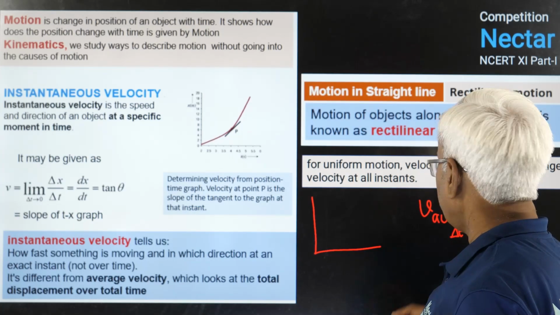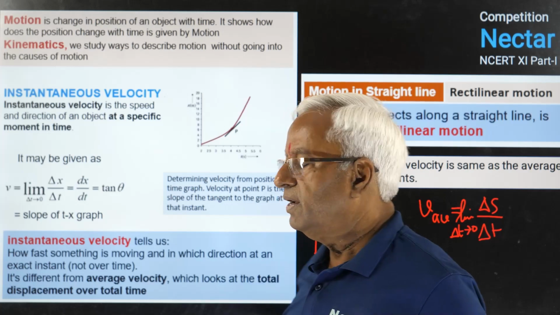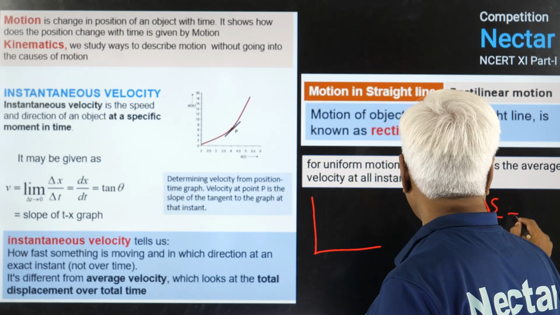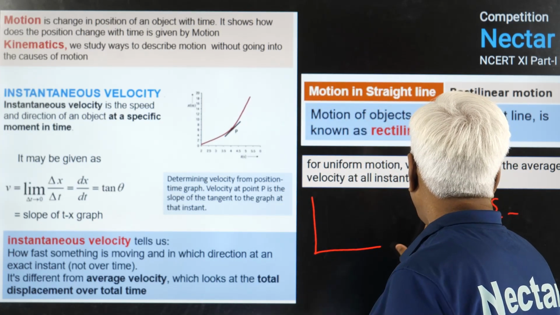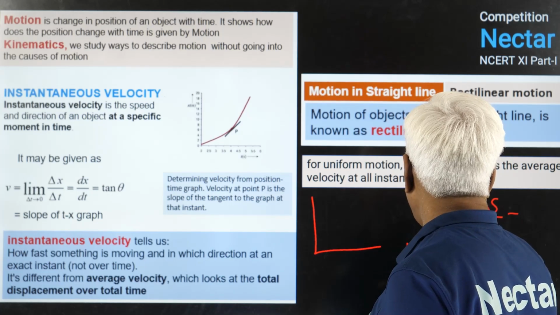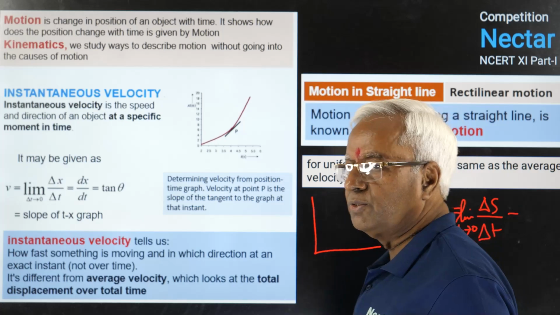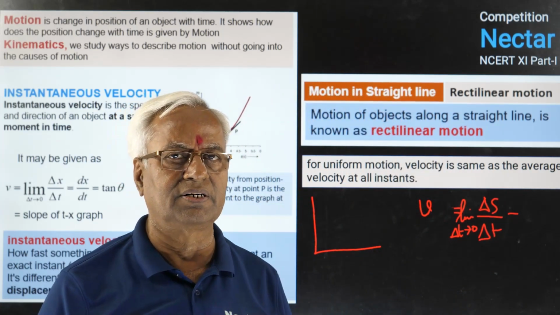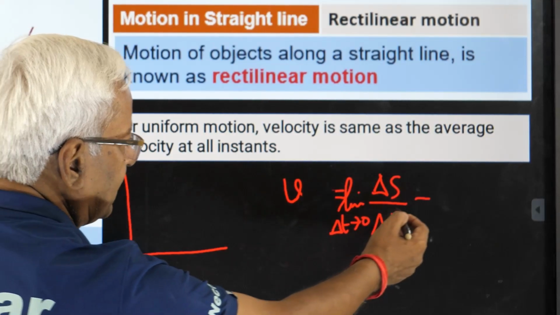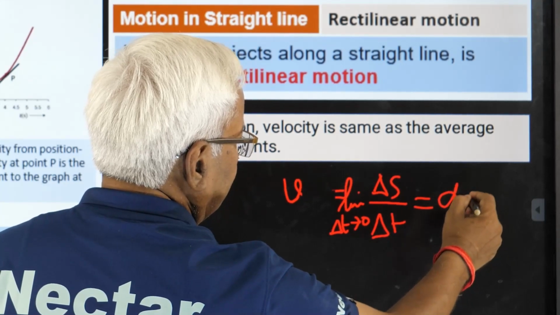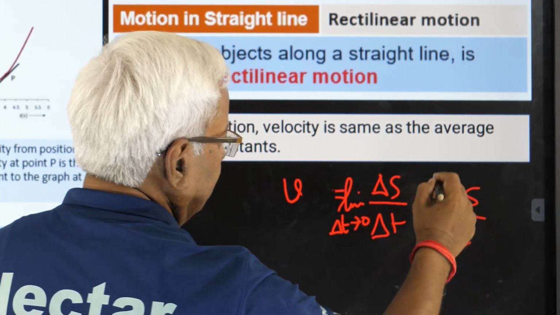This limit, delta t tends to 0, and this becomes instantaneous speed. Now, this is no more average. This will be called instantaneous speed, which is normally not mentioned in general discussion. V becomes ds upon dt.